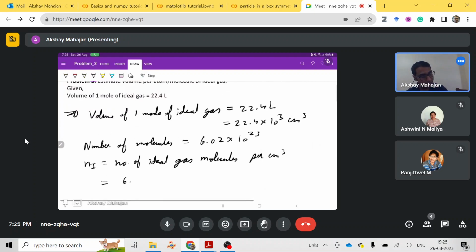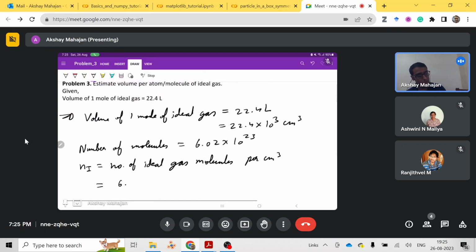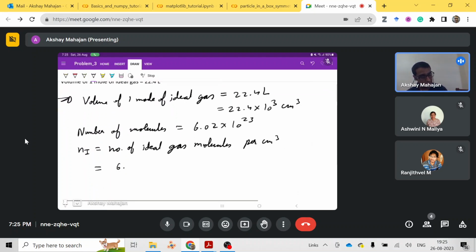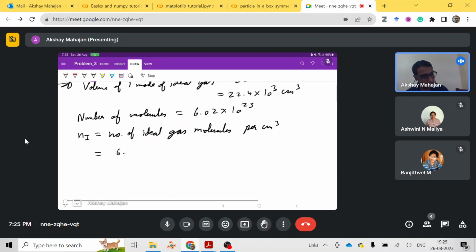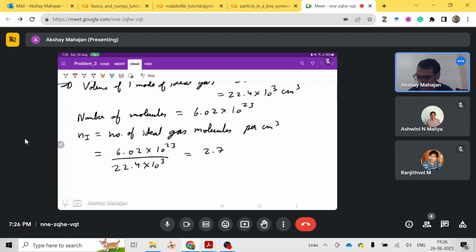In 22.4 into 10 to the power 3 centimeter cube, the volume of 1 mole of ideal gas, we have Avogadro number of molecules, 6.022 into 10 to the power 23. So per centimeter cube it will be 6.02 into 10 to the power 23 divided by 22.4 into 10 to the power 3, and we can calculate it to be 2.7 into 10 to the power 19 per centimeter cube.